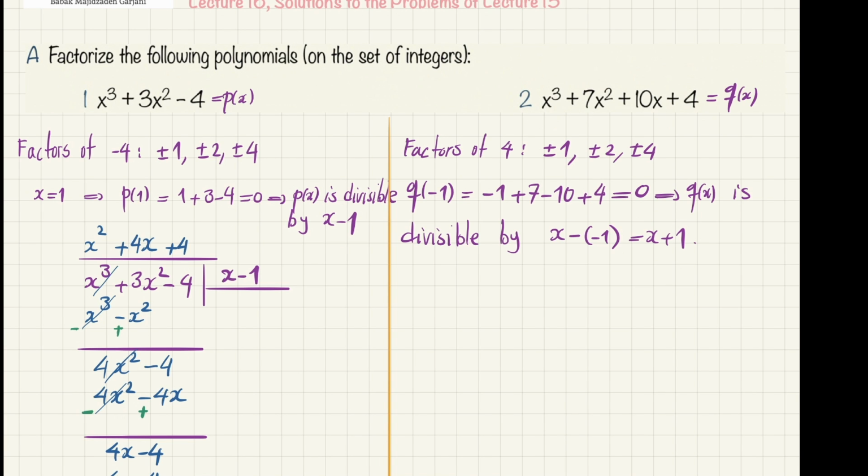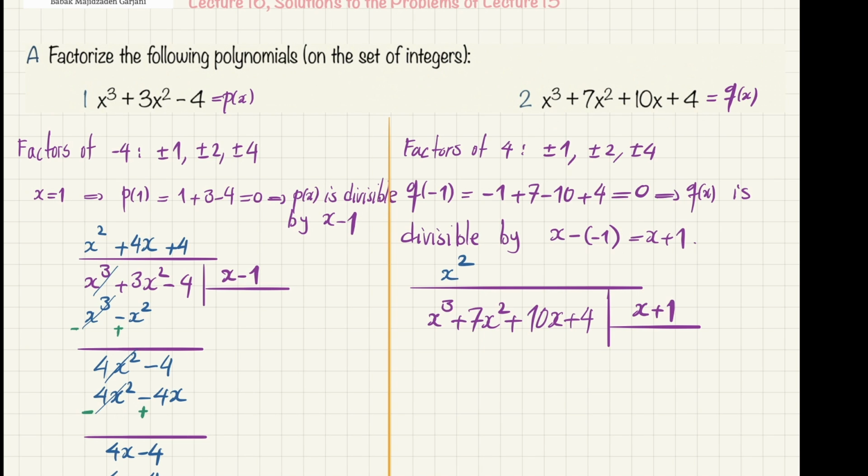So I will have x to the 3 plus 7x squared plus 10x plus 4, and then I divide this by x plus 1. And let me change my color now. The first term divided by the first term is actually x squared.